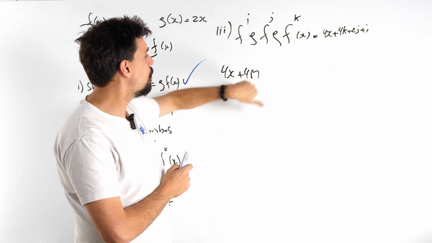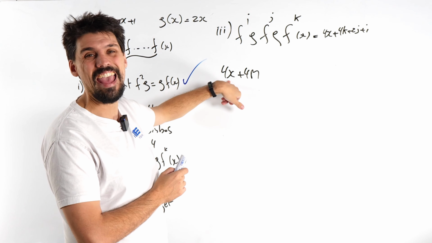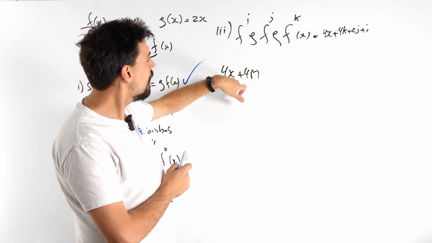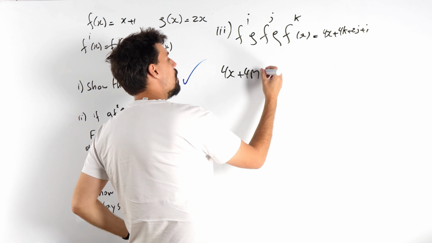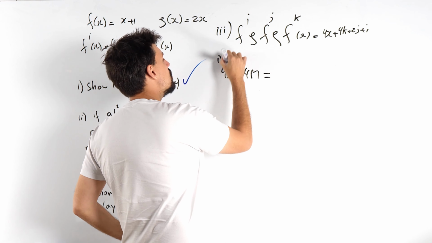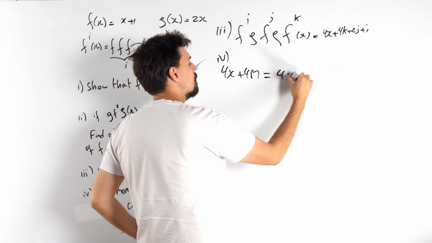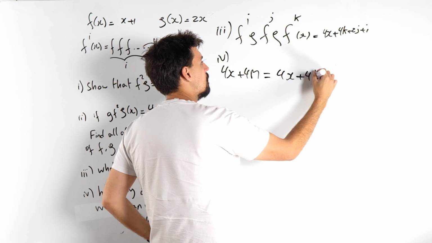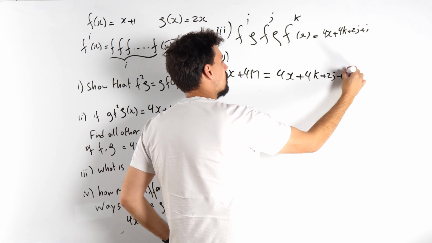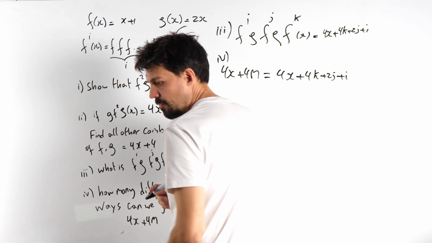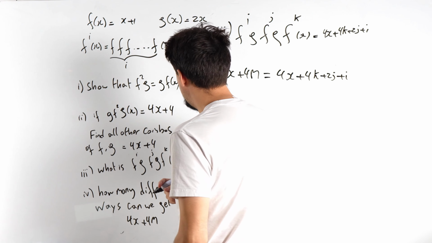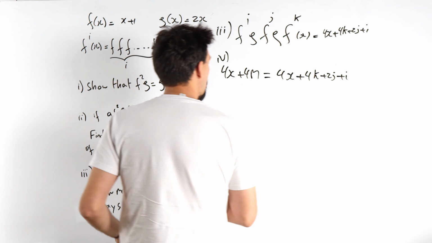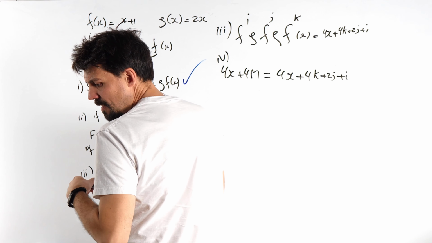So I can only do g twice, because otherwise I will get 8x if I do g more times. And then any number of f's either side of those. So I'm giving myself the option of every number of them. So essentially what we're saying is this. Okay, 4x plus 4m. Now, m is an integer.